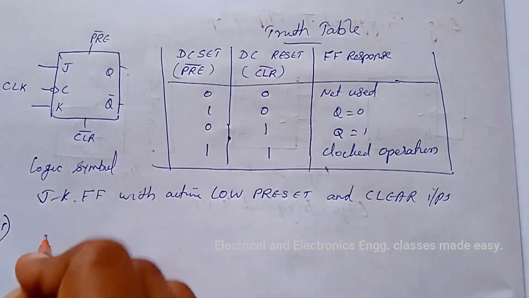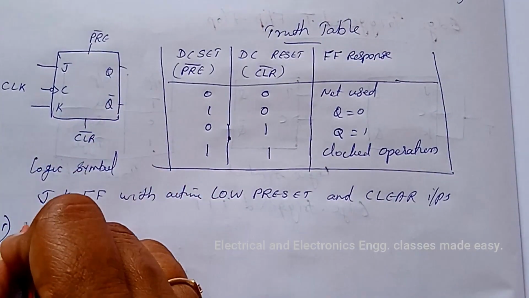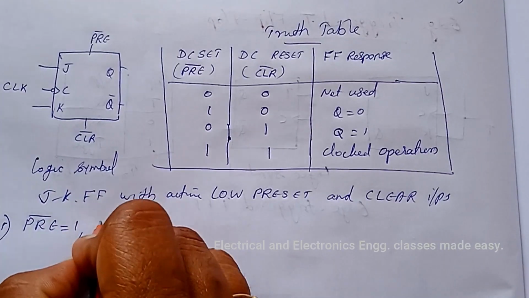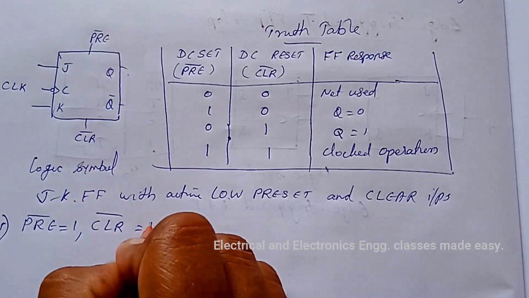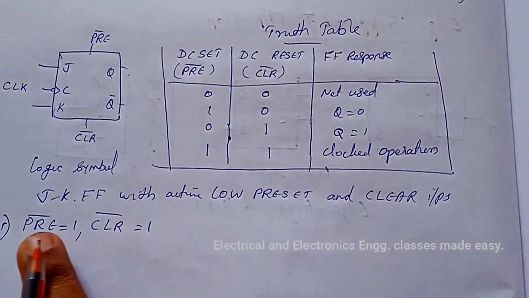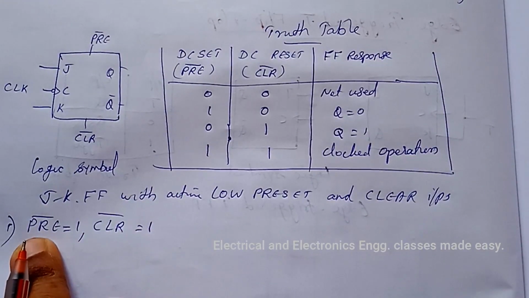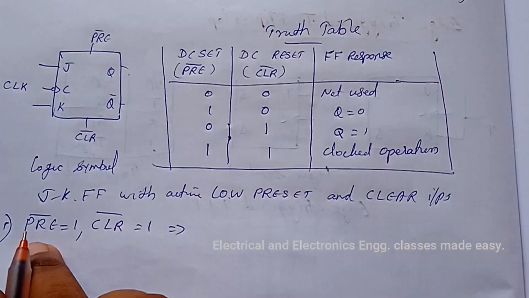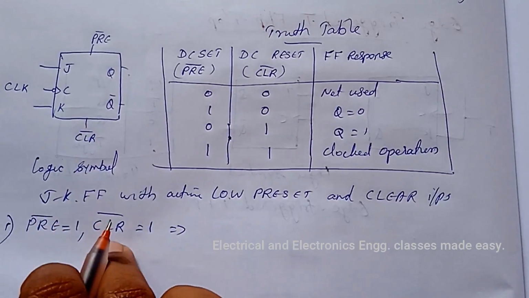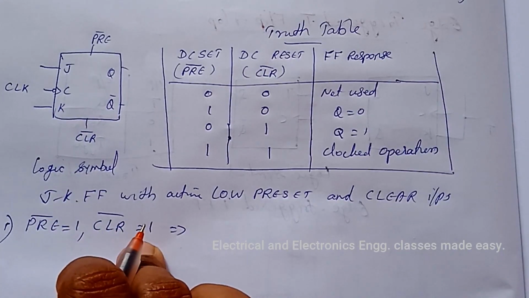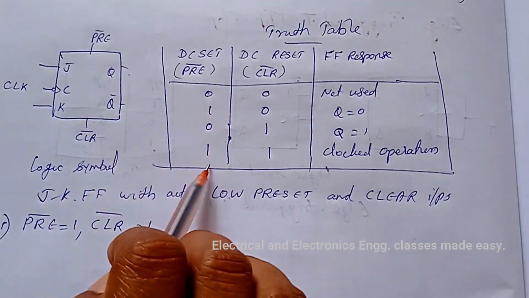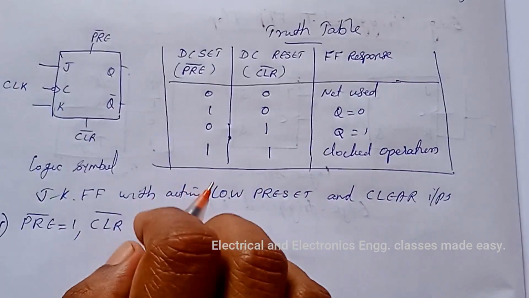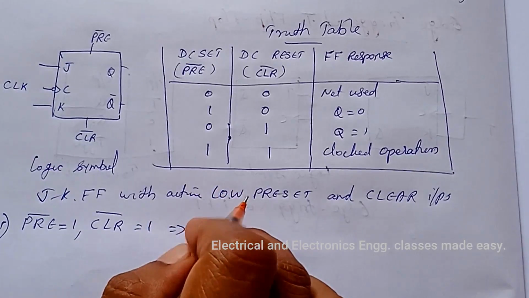So here, when preset bar equal to 1 and clear bar equal to 1, that means clocked operation, that is synchronous operation.